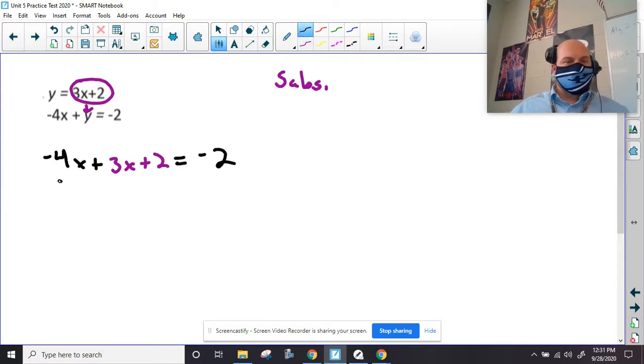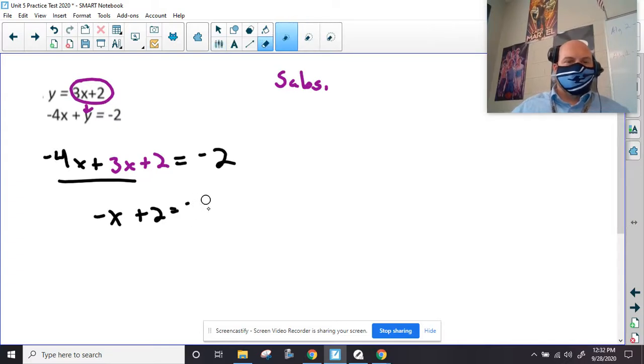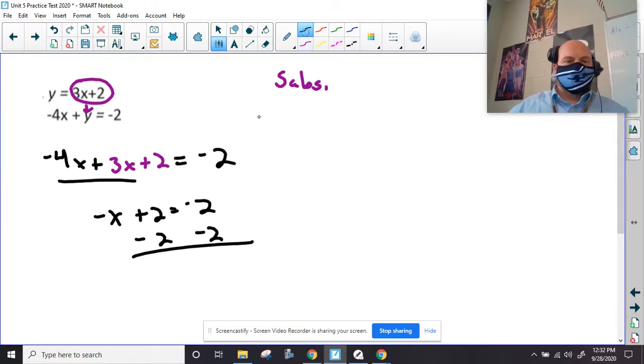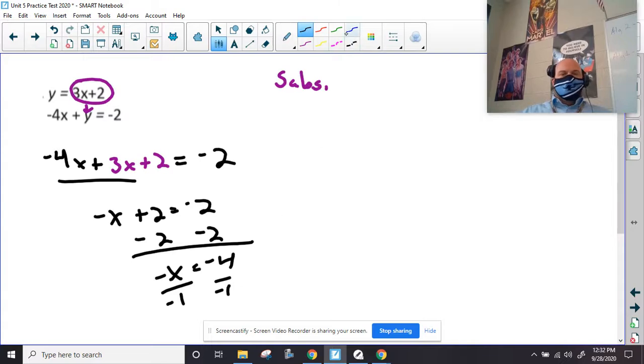Okay. So we combine like terms, we get -x plus 2 equals -2. Whoop. Yes, I still mess up when you're face to face, as I do if I am teaching virtually. All right, big thing about this, remember you can't have a -x. You could divide or multiply by -1. So we do get x equals 4.